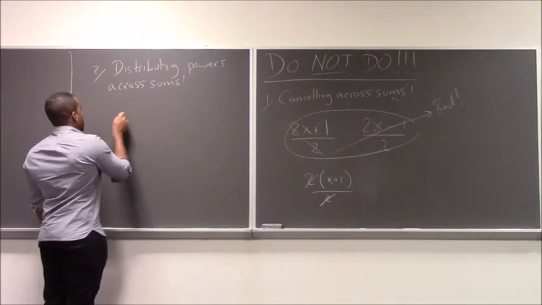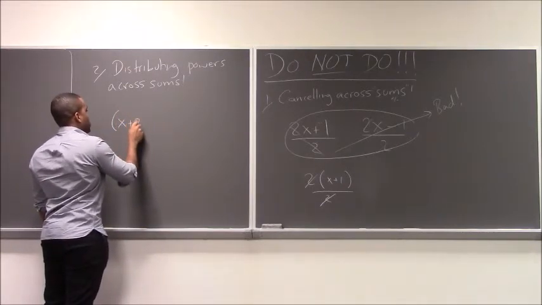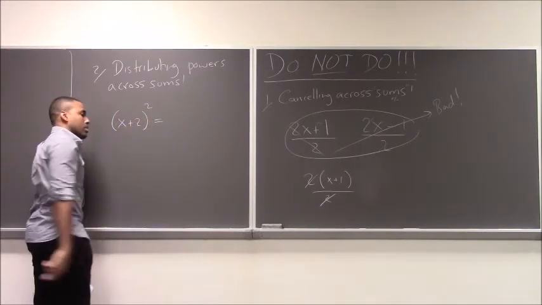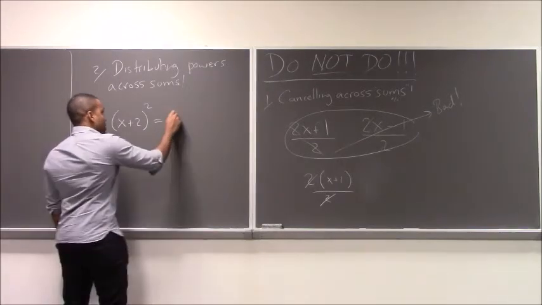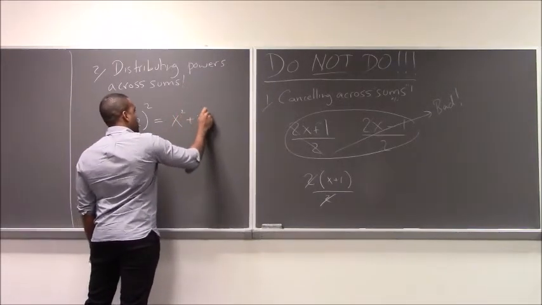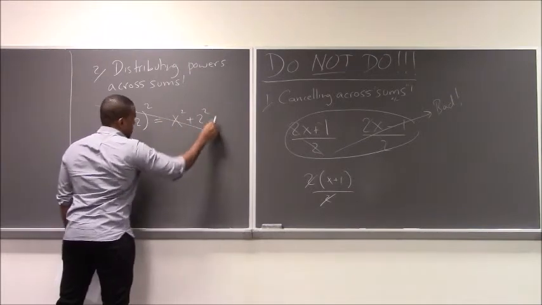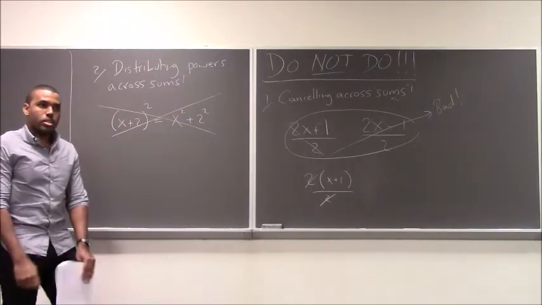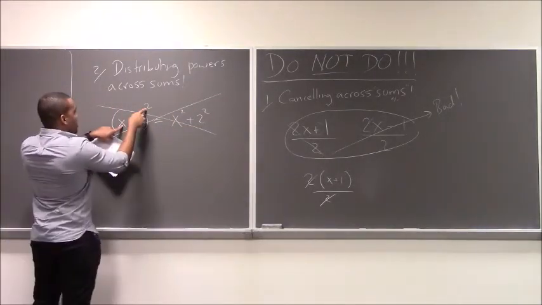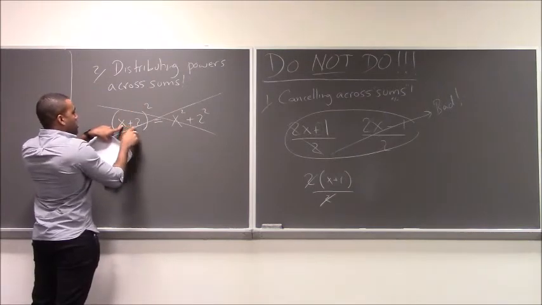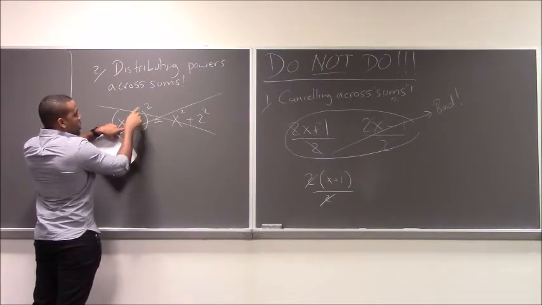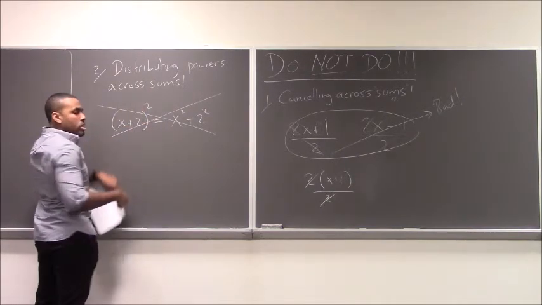Let's say you have something like x plus 2 squared, and you write x squared plus 2 squared. That is wrong. You cannot distribute the power across a sum. There are pluses and minuses separating terms. You cannot put the power on each individual term.